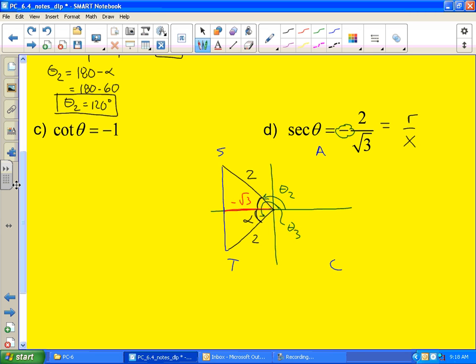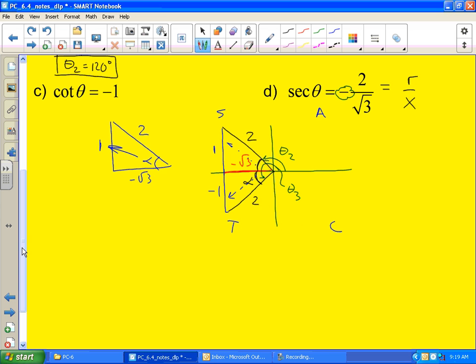Across from this angle, in a triangle that has this relationship of a 2 and a root 3, well, we're missing the 1. So I know that I have 1's, one of them positive, one of them negative, on those triangles. And what is the angle across from a 1? Well, we know that's a 30. So according to my special right triangles, I now know that my alpha in this case is a 30-degree angle.